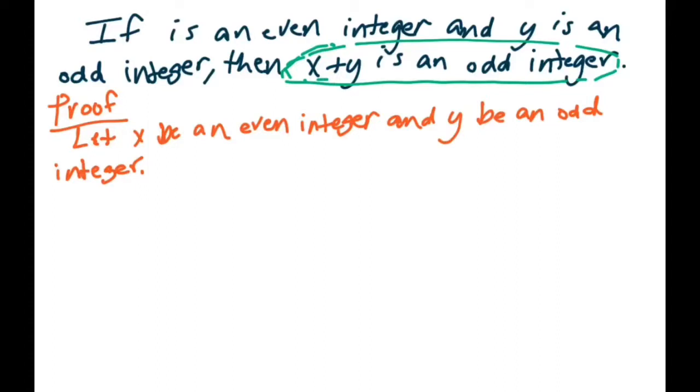So let's think about what we have here. We've got an even integer, and I left off the word x.